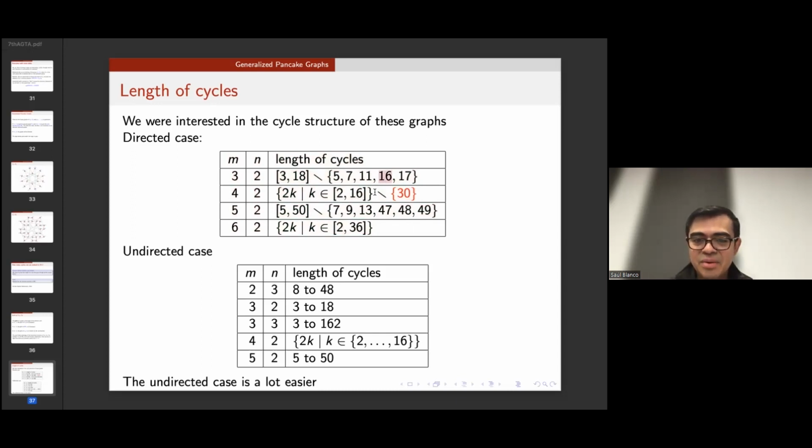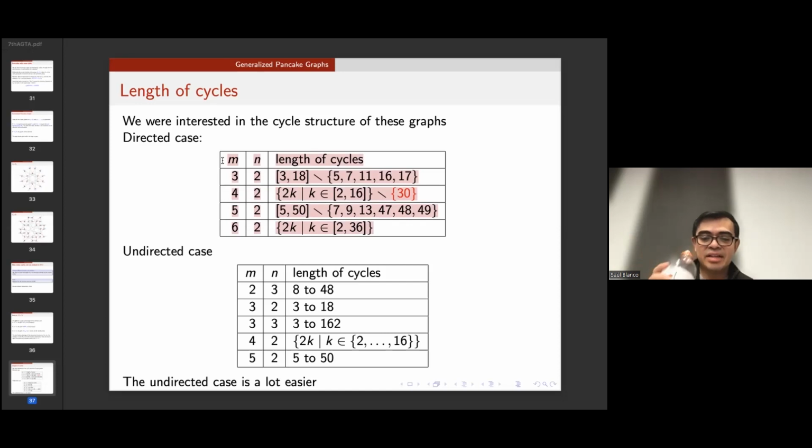It was difficult for us to come up with a conjecture of what cycles you will have. In this particular case you can see all the even cycles, but 30 doesn't show up. So it seems to be difficult to understand the lengths of the cycles that you have in the regular directed case.